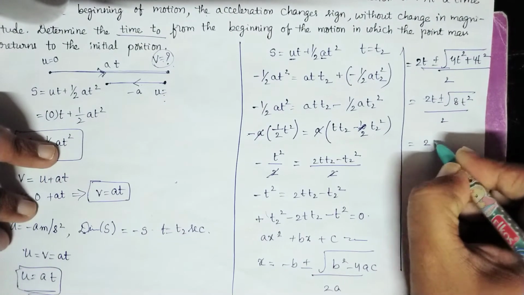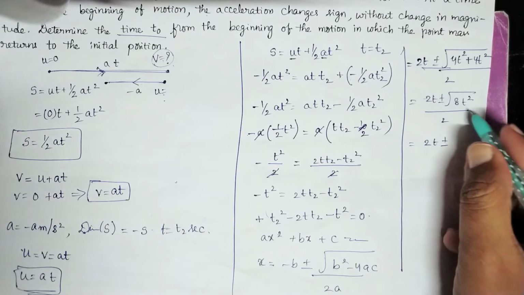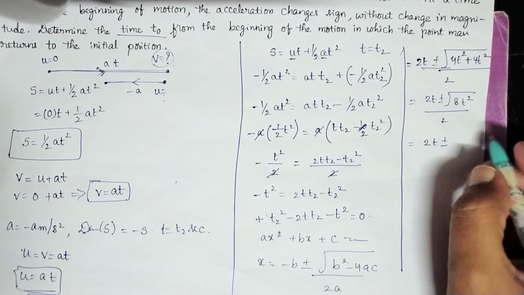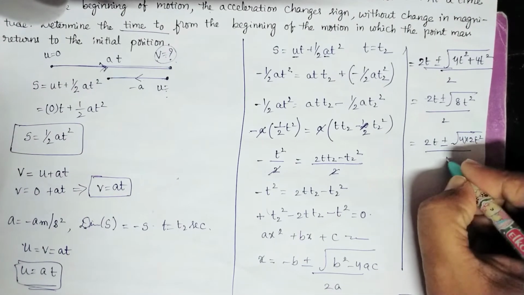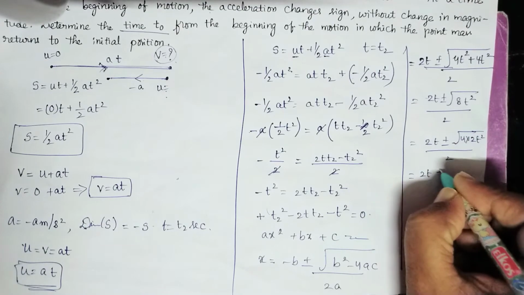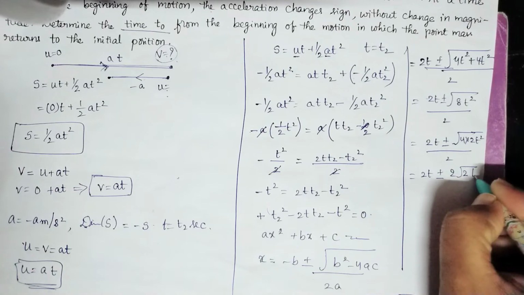Here 2t plus or minus root of 8t square. This can be written as 2t plus or minus 2 root 2 t.